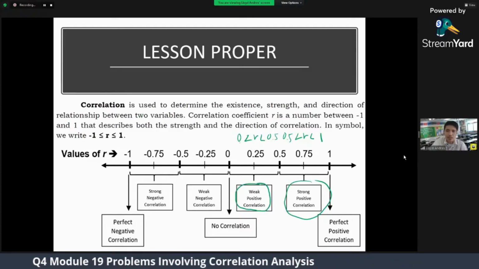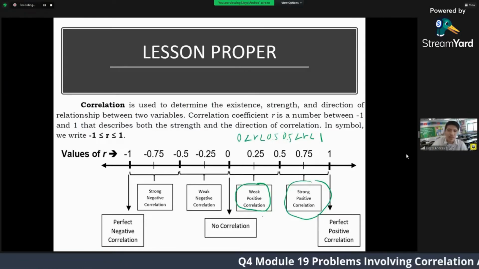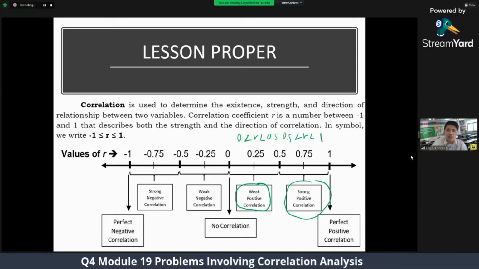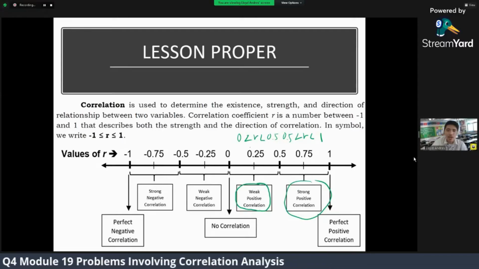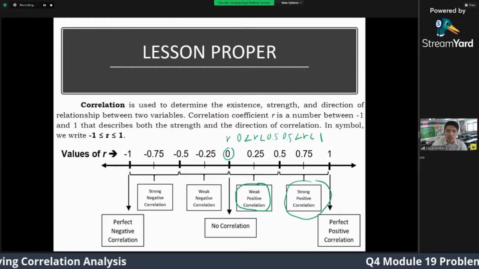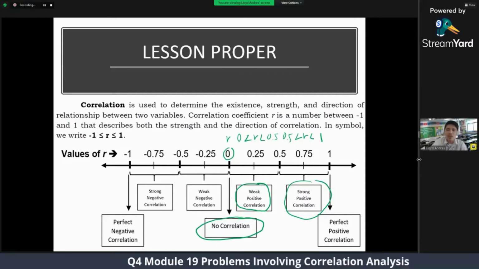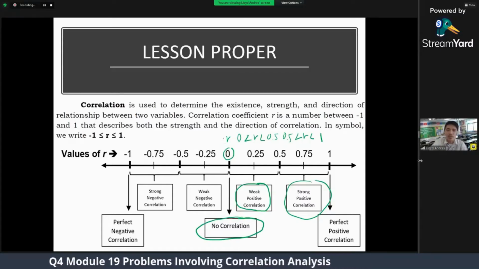Positive siya because positive value man ang nilabas. Pero weak lang siya because ang R nimo is greater than 0 but less than 0.5. But if your R is exactly 0, you can say that there is no correlation.